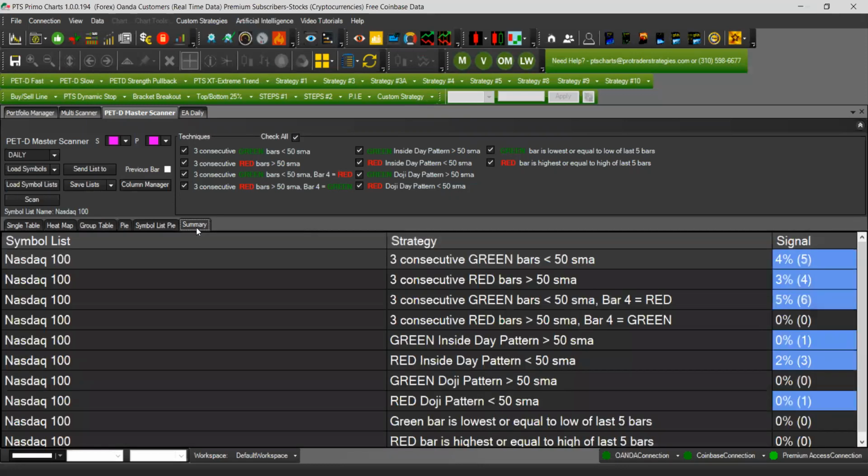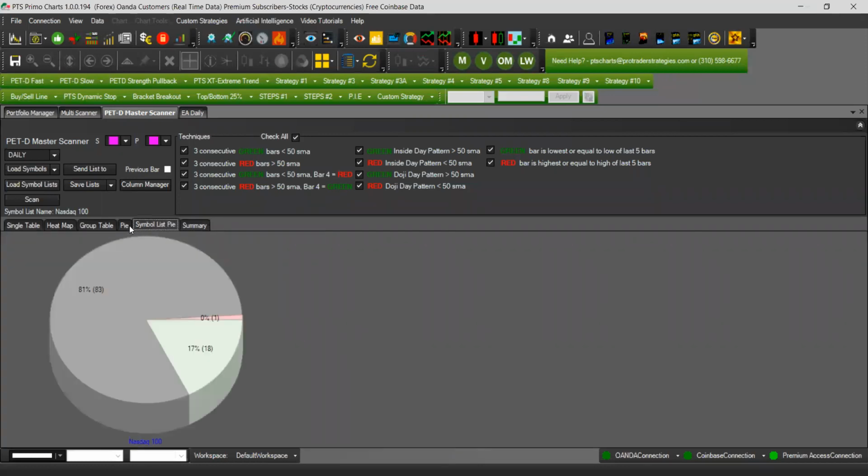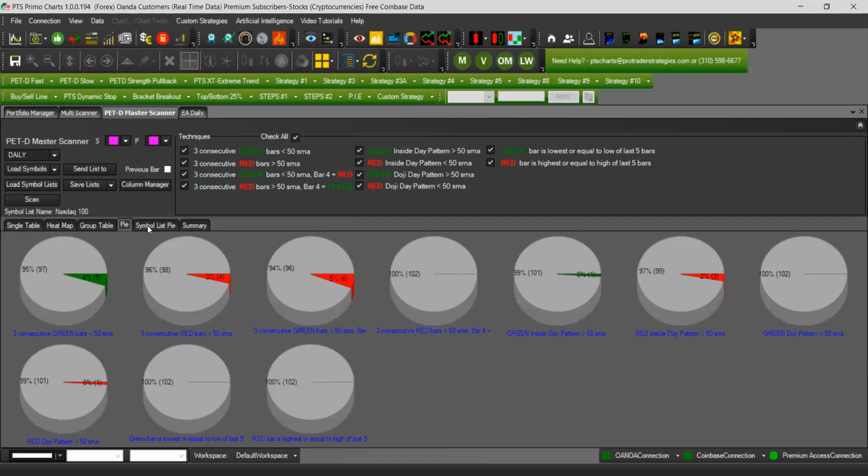Probably the summary is something that you want to also look at. This one doesn't say much. Also, you can save the list. For example, if you found something that is in your interest, you can save the list specifically for that particular technique.